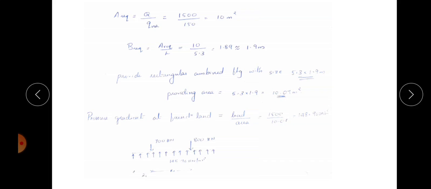So this is the pressure gradient, that is 148.96. So this is the pressure distribution diagram, that is the final step. Okay, so the pressure at the base is 148, which is acting in the upward direction in order to resist the loads 700 and 800 kilonewton. So this is the rough sketch. Okay. So this is the design of the rectangular footing.